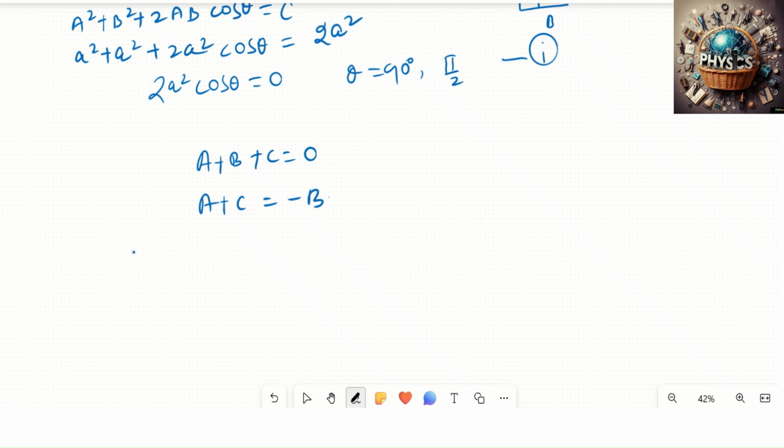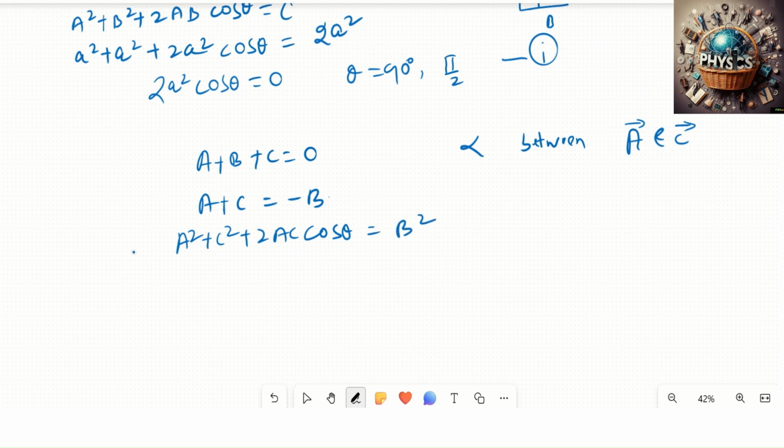Let's do the same thing. If the angle between A and C is alpha, we square both sides. So A square plus C square plus 2AC cos alpha is equal to B square.